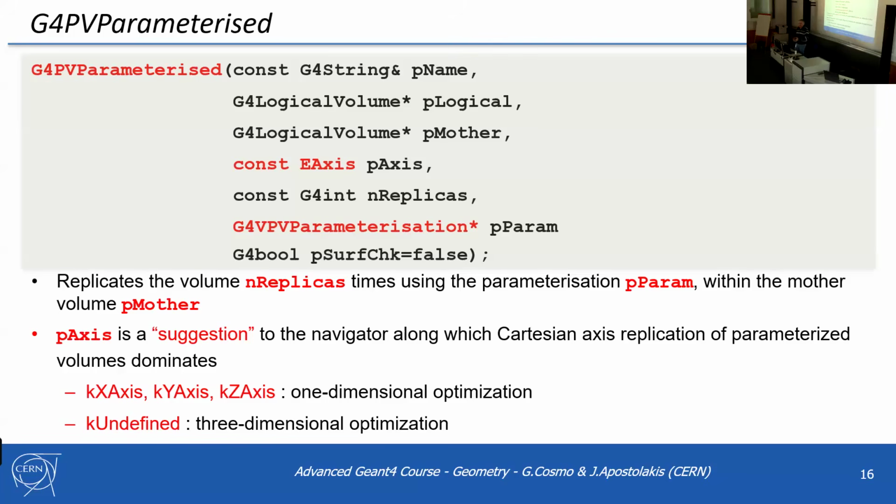Okay, so this is useful, especially at the beginning when you are implementing your parameterisation, to verify that you do it correctly. Once you see that you don't have overlaps, then you can leave it to false, and that will be faster.